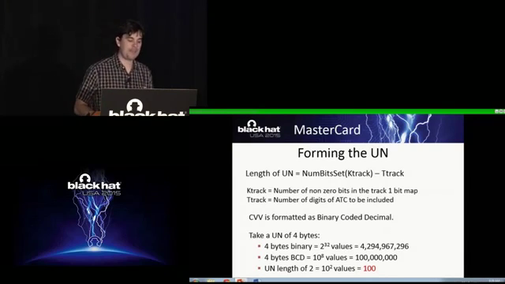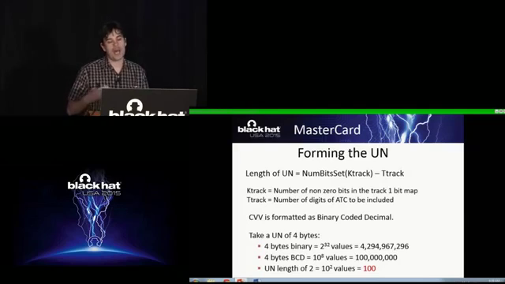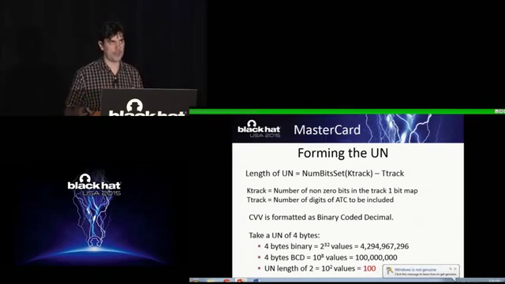The unpredictable number, when I originally thought it was secure, I thought that was a binary field where we were fine because we've got 4 bytes and you're looking at 4.2 billion or so values. So this 4 bytes basically then has to be binary coded decimal. So then 10 to the 8, 100 million, that's fine.